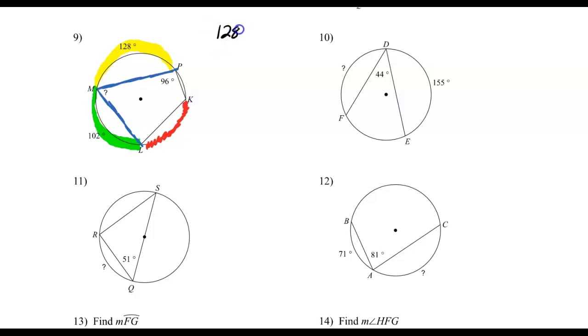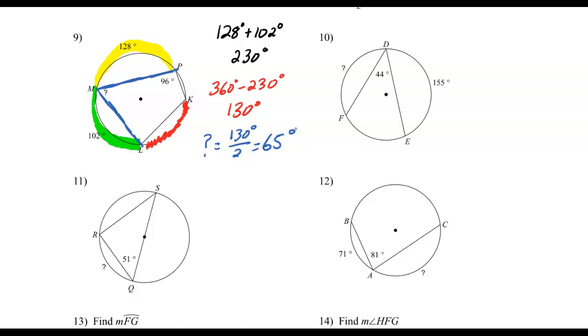So if I add up 128 and 102, I get 230 degrees. A full circle is 360, so the red arc is 360 minus 230, which is 130 degrees. And then to get the angle, I'll take 130 degrees and divide by 2, which is 65 degrees.